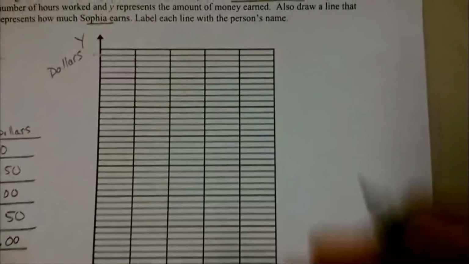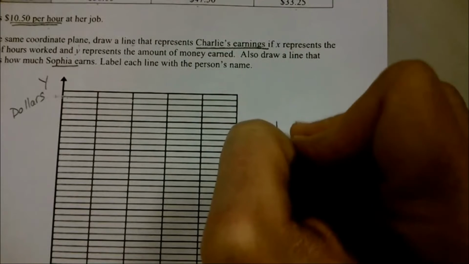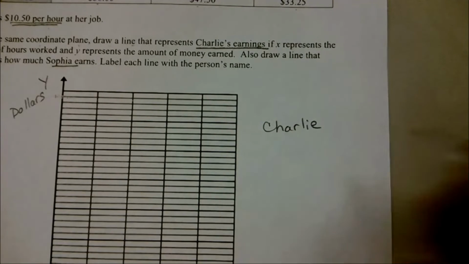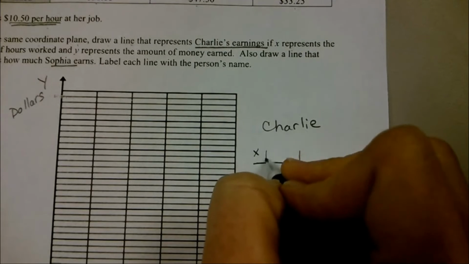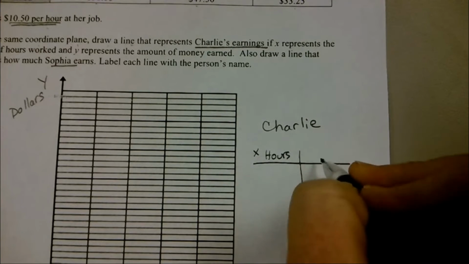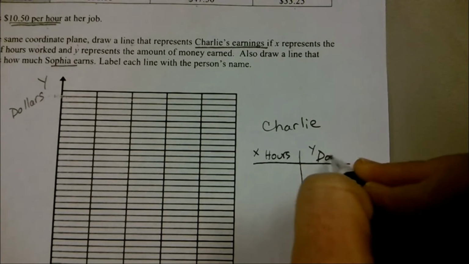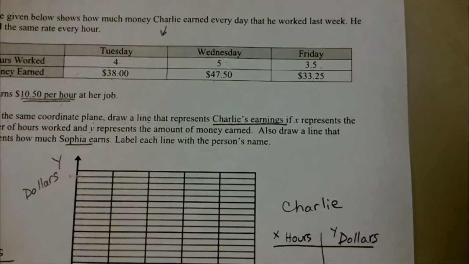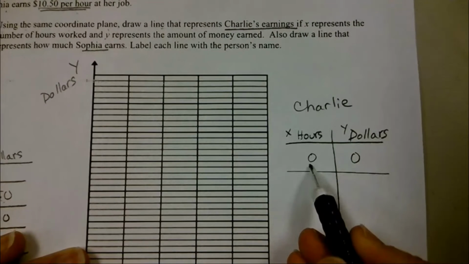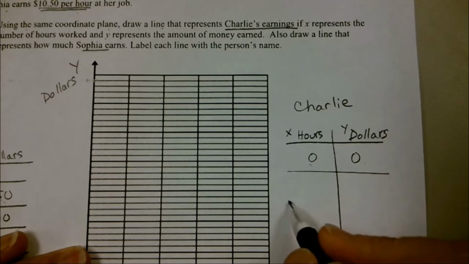Now let's do the table for Charlie. For Charlie, we don't know his unit rate. We could figure it out if we wanted to, but quite honestly, I can graph this just the way it is. The only thing I need to do is make sure that I have these in order. I know it's 0, 0, because if Charlie doesn't work any hours, he doesn't make any money.